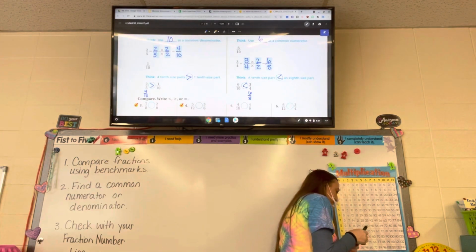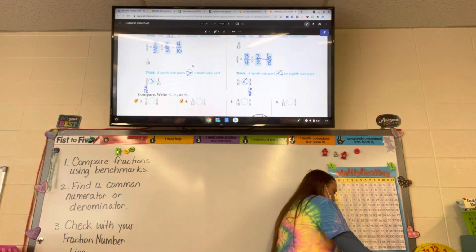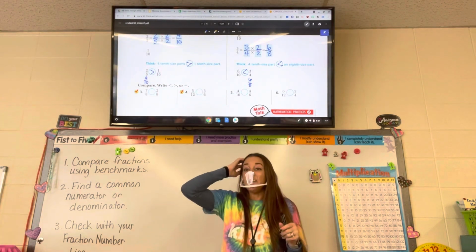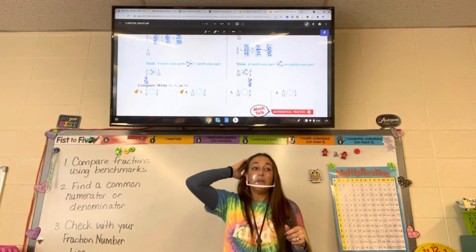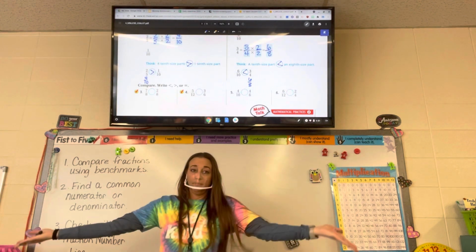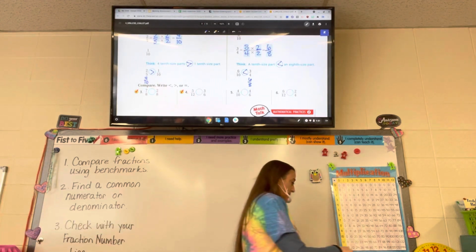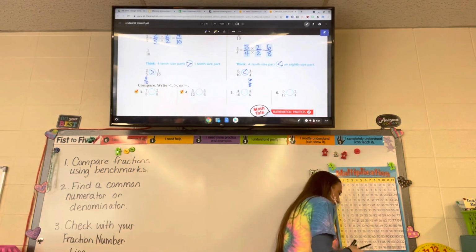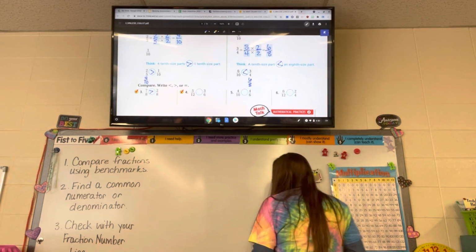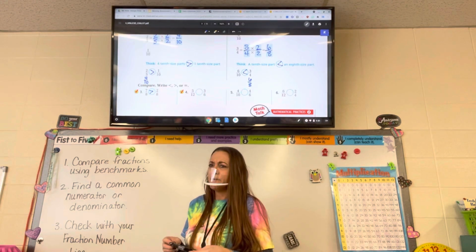Okay. So 7/8 and 2/8. They've already got a common denominator for us. Which is bigger, 7 8-size pieces or 2 8-size pieces? 7 is more. 7 8-size pieces is greater than 2 8s.